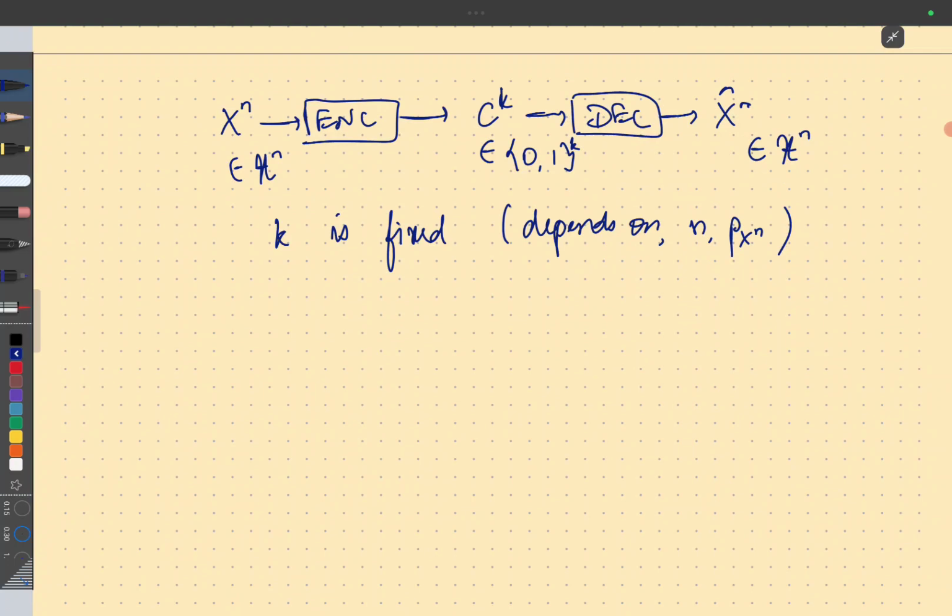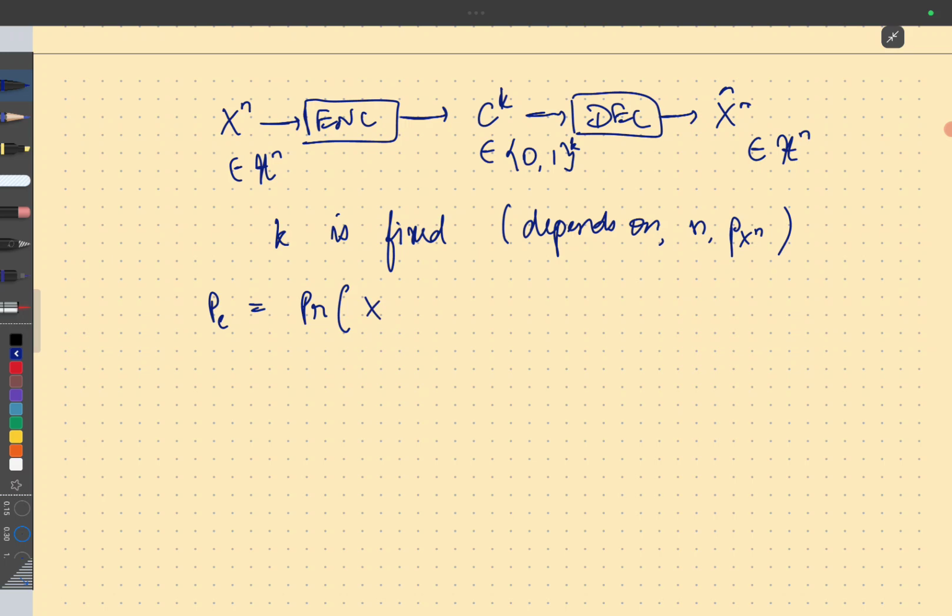And of course, as always, since we are talking about compression, we want k to be as small as possible. But now k is fixed, so you're okay with xn hat being different from xn some of the time, but not all of the time, of course, otherwise there would be no point.